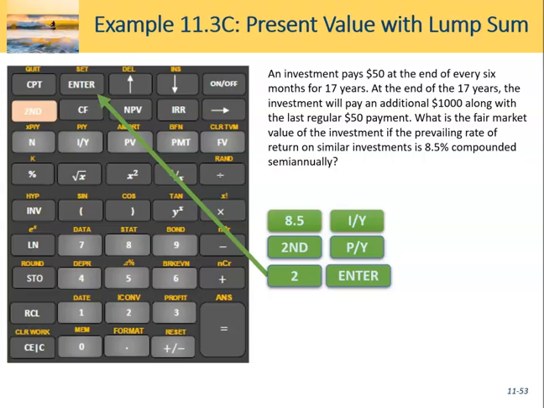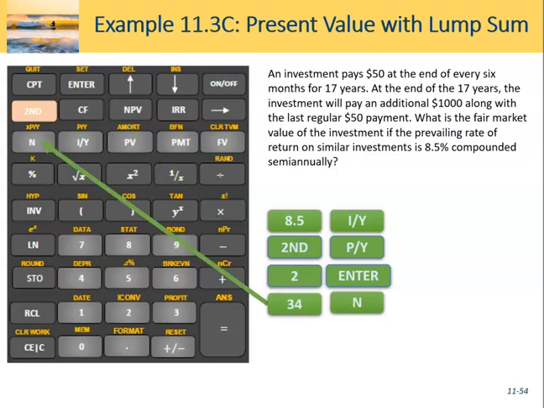So it is 2, enter, and then we have to come up again. Before we enter the N, we have to do the second and go to quit to bring us back up to the regular level.